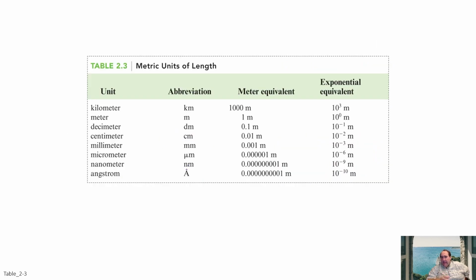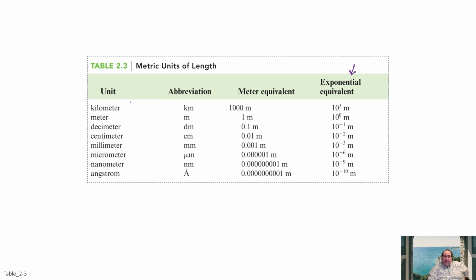Now, because really the SI system and the metric system, we sometimes will use prefixes to help us get rid of some of the zeros along the way if we had to go from one prefix to the next. So there's two equivalents that are used. A lot of times people will use the exponent equivalent, and this is really in scientific notation.